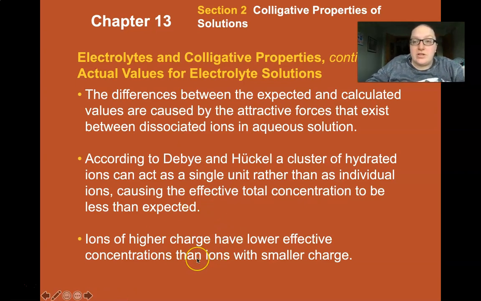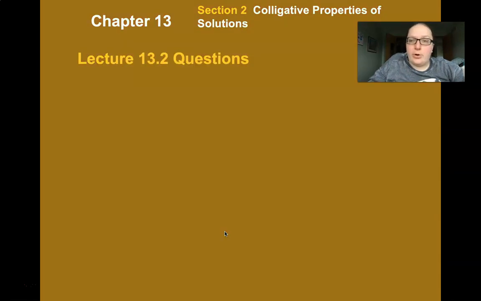And one of the things that we want to pay attention to is higher charge or lower concentrations, and how higher charges and lower charges or bigger molecules versus smaller molecules all can actually impact that final result of a change in a freezing point or a boiling point.